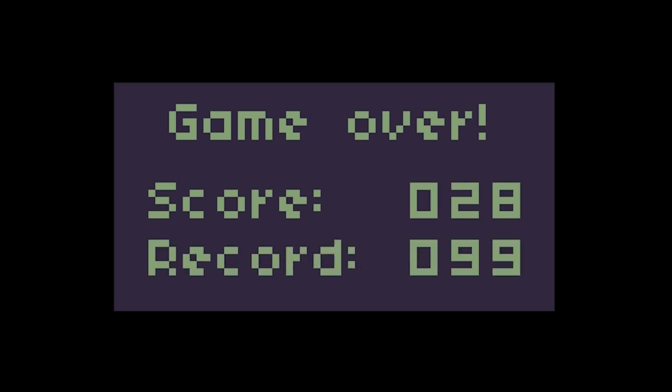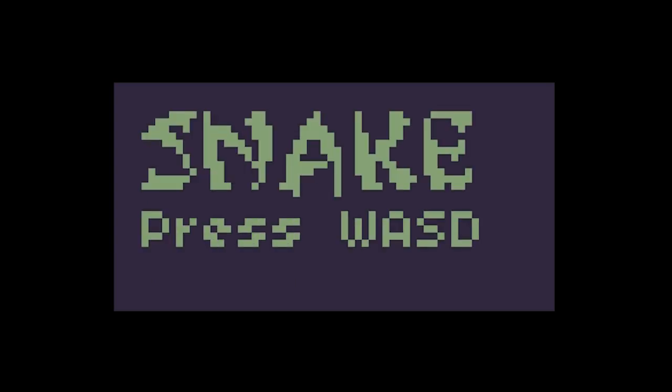The other technical point that I should mention is that this game helped me find a bug in Octo's implementation, and that is related to the fact that it'll store your high score persistently.